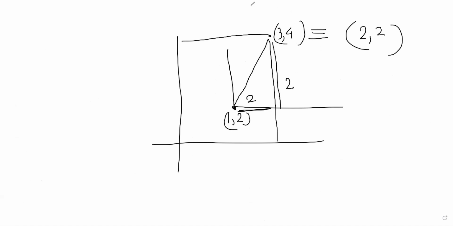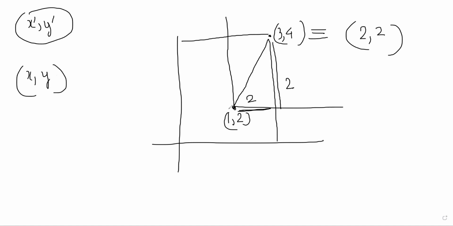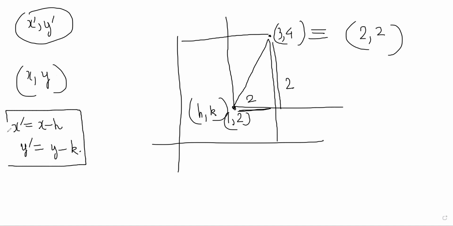With respect to the new axis, if the point is x dash y dash, and in the old axis it was x y, and the new axis was shifted to the point say h comma k, then you should always write x dash equal to x minus h and y dash equal to y minus k, right? So then we can say that the old coordinate x was x dash plus h and the old coordinate y was y dash plus k, right?